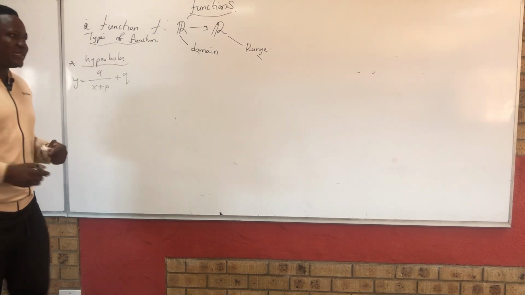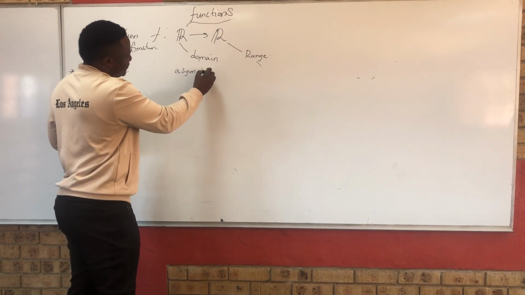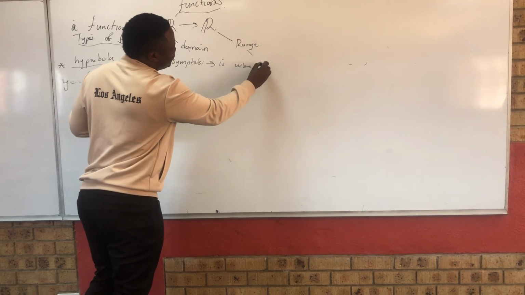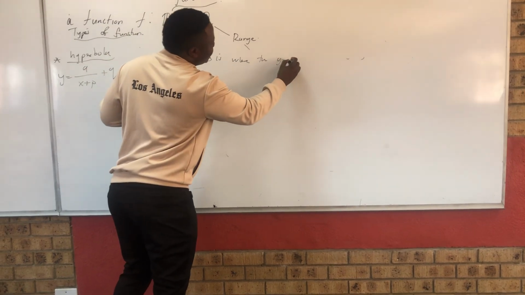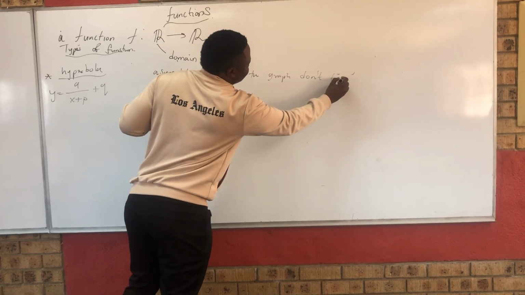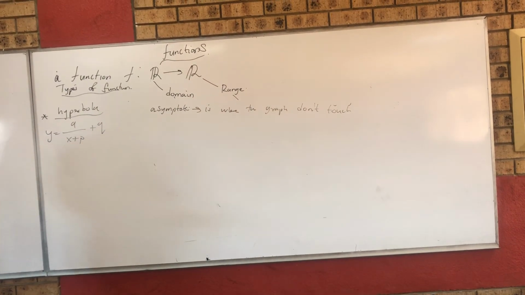An asymptote is where the graph doesn't touch. Where your graph won't touch, that is called the asymptote.